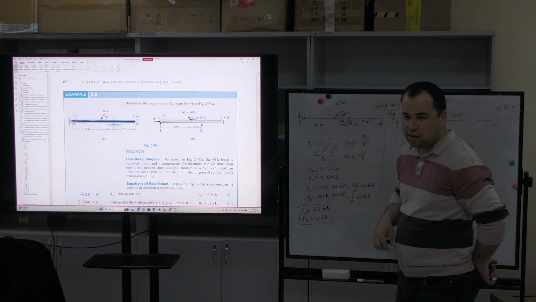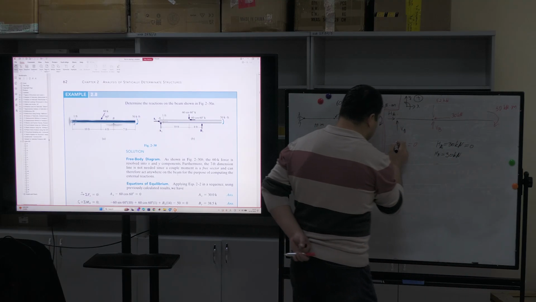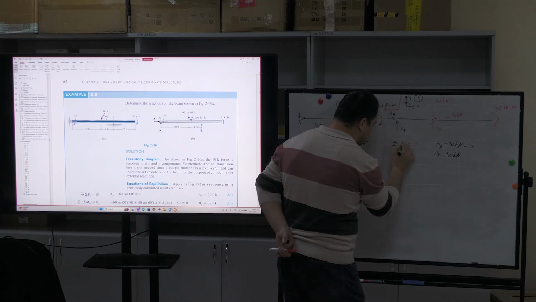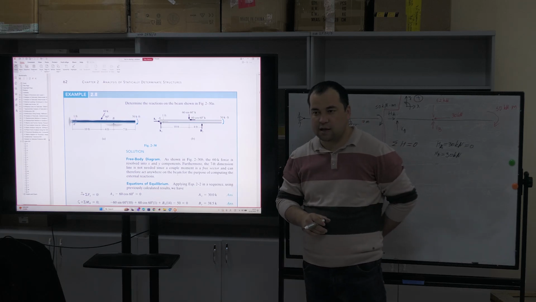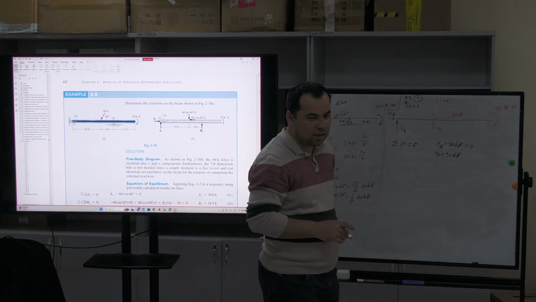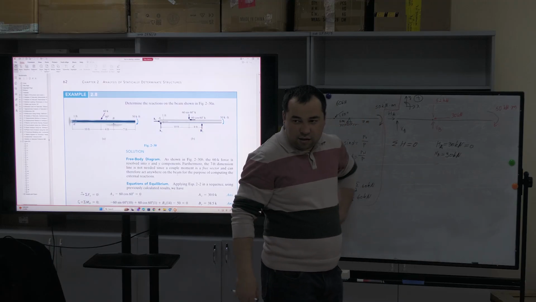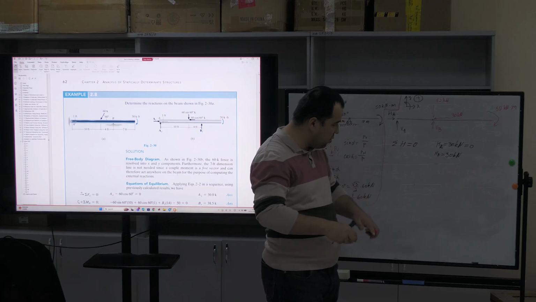For imagination, it's equal to maybe 6 small cars. Actually, a Chevrolet Nexia, maybe the old one, is about 1 ton.